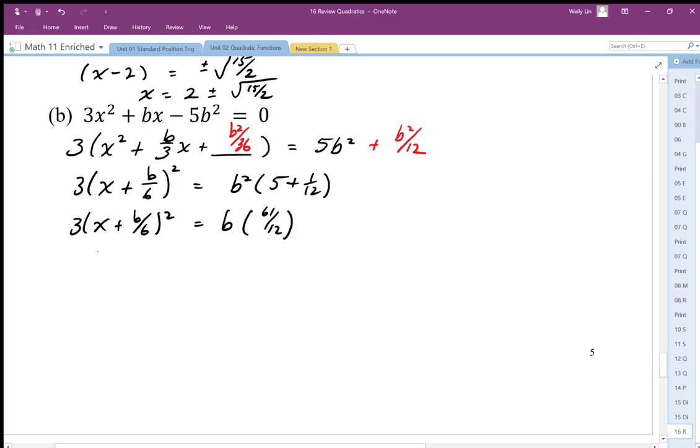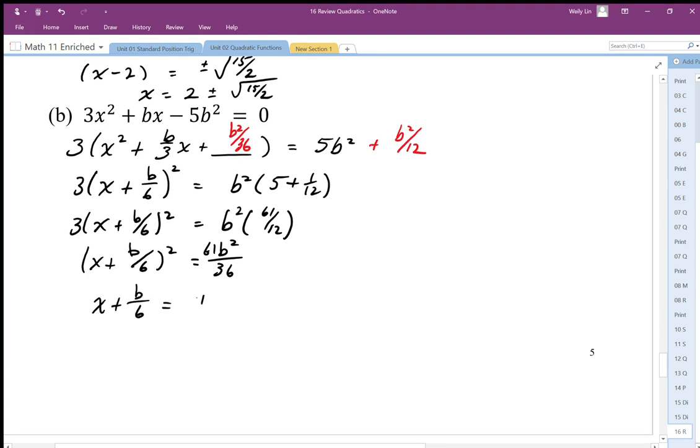Divide both sides by 3. So I'm going to end up with b squared times 61 over 36. Square root both sides.